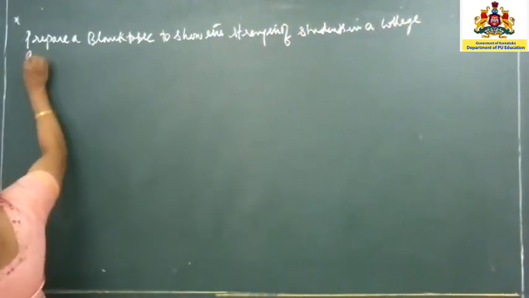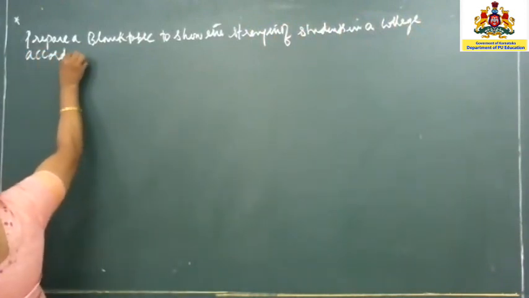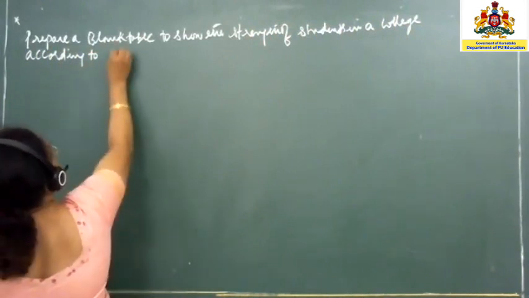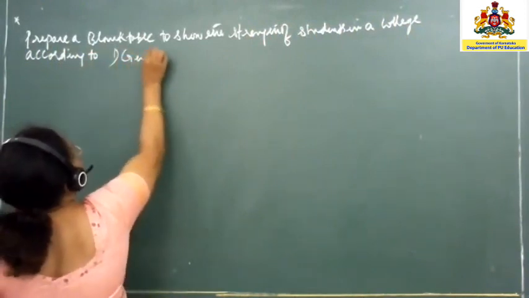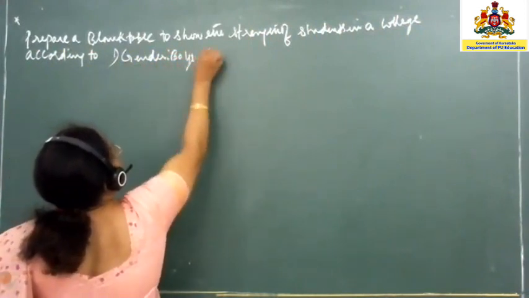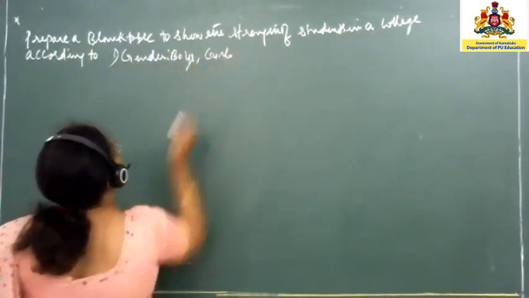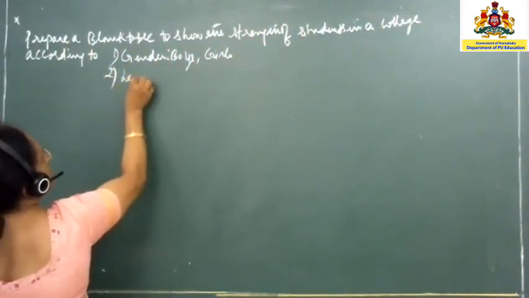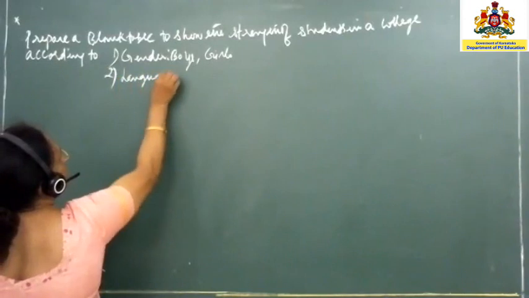according to, so you can have the characteristics. First one, gender. Under that you have boys, girls. The second one you can have is language. So your second language, whatever it is.